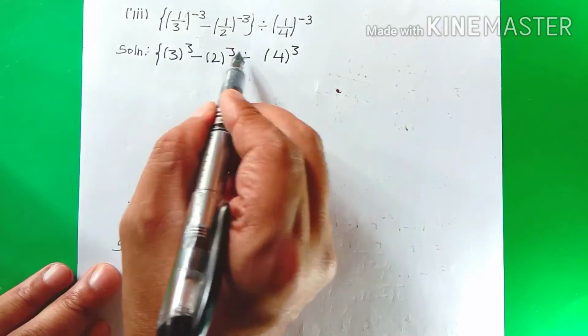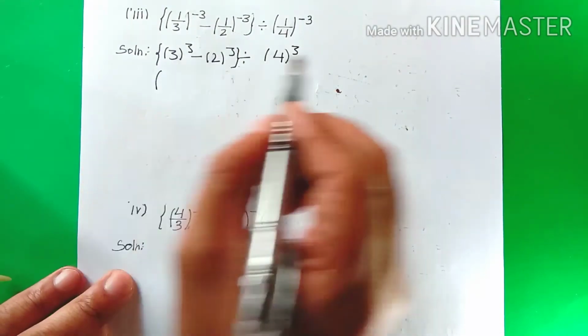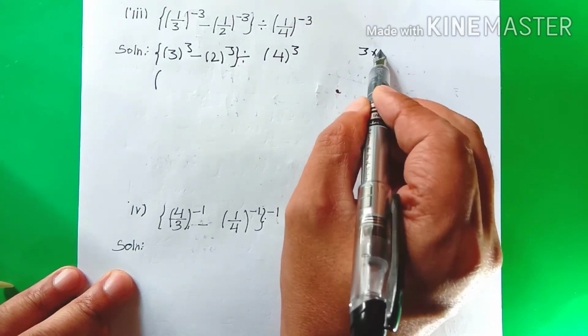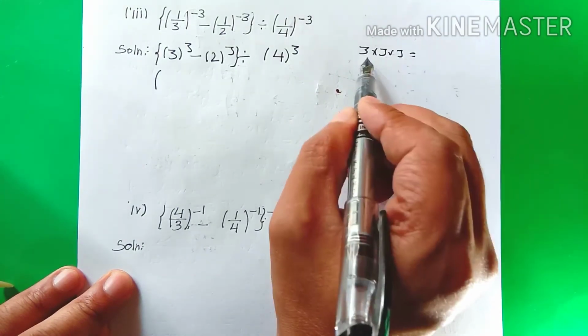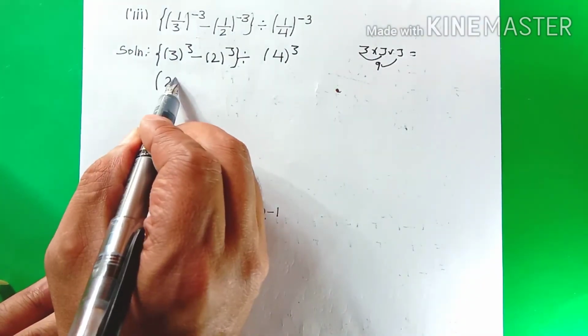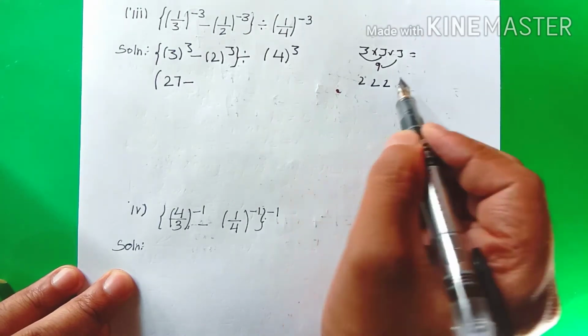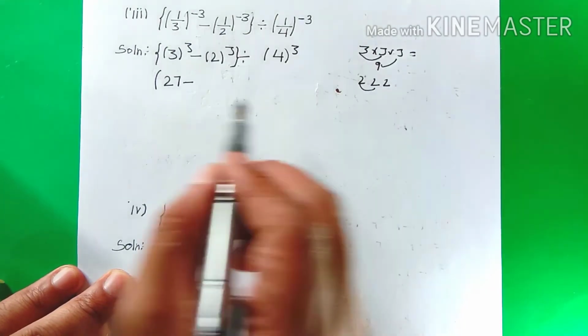Now within the bracket here, you'll have to simplify. We can see here 3 cube, that can be written as 3 into 3 into 3. So 3 3's are 9, 9 3's are 27. Again here minus 2 cube, which is 2 into 2 into 2. 2 2's are 4, 4 2's are 8.